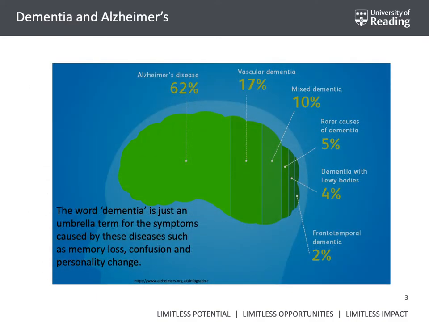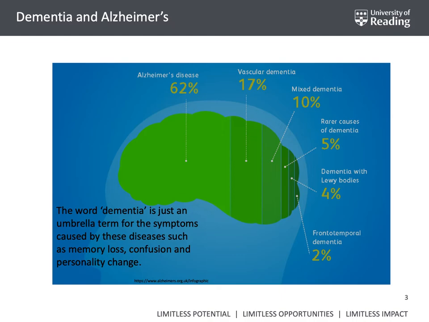If we think about dementia and Alzheimer's, you've probably all heard of those terms, and probably the two are interchangeable in your minds. Dementia itself is an umbrella term that covers a whole host of diseases. The word covers the symptoms rather than the diseases per se. The slide shows all the different types of dementia people can suffer from: Alzheimer's disease, vascular dementia, mixed dementias, right down to frontotemporal dementia.